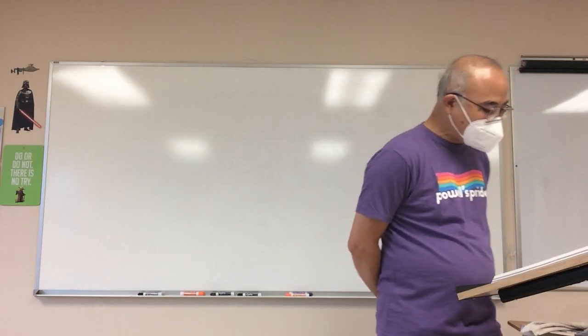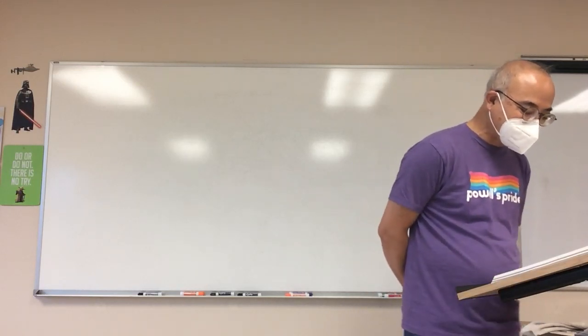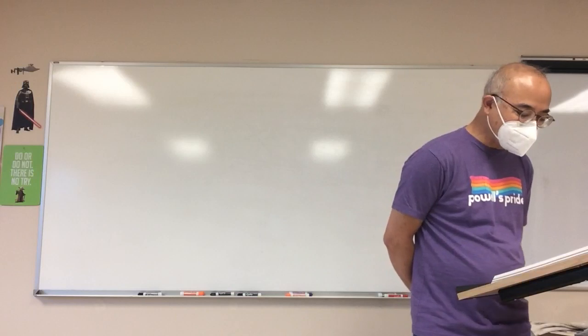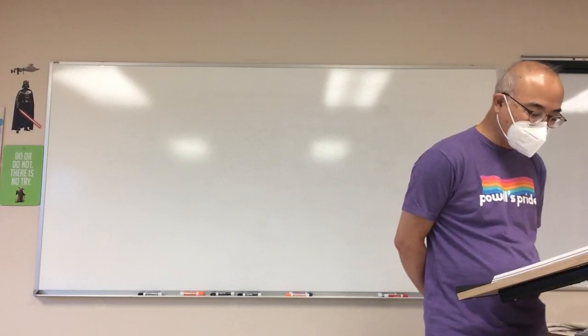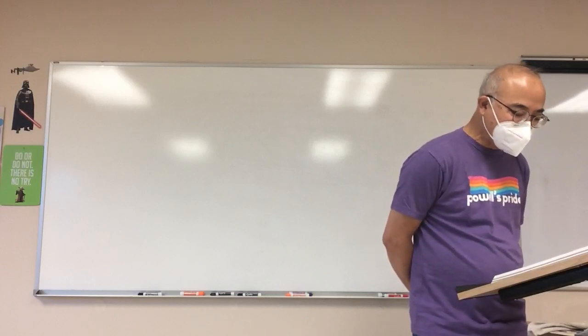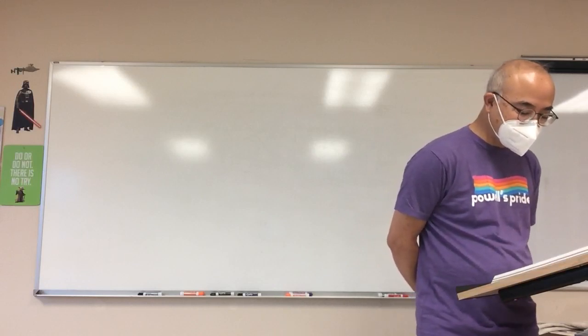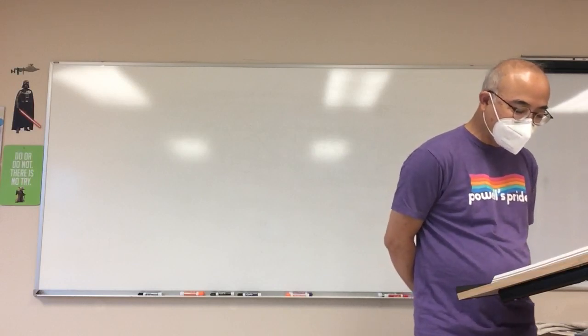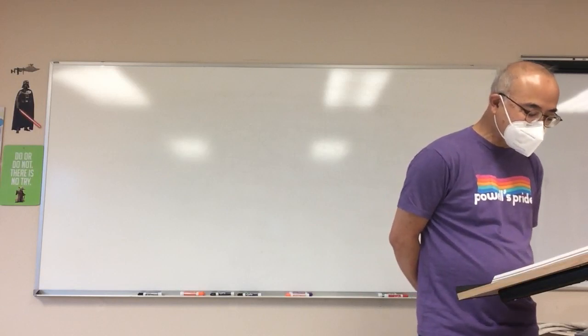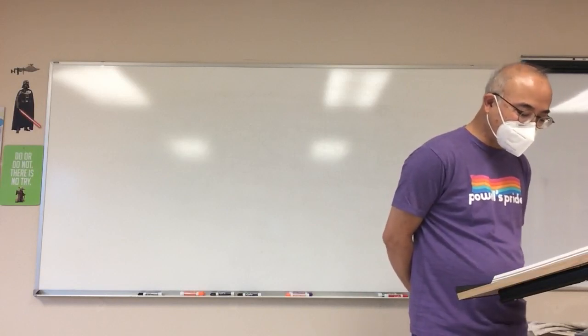Page 375, number 25. In triangle ABC, which is not shown, angle ABC is 60 degrees, and AC and BC are perpendicular. If AB is X, then what is the area of the triangle?